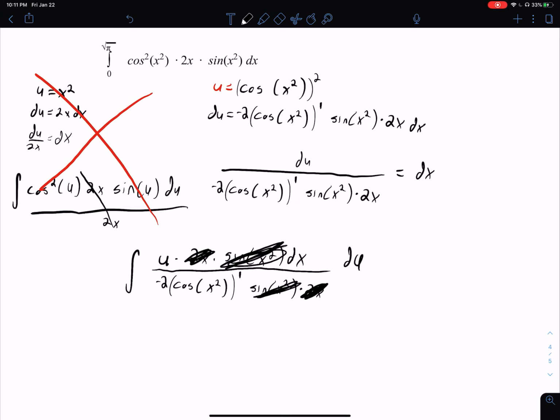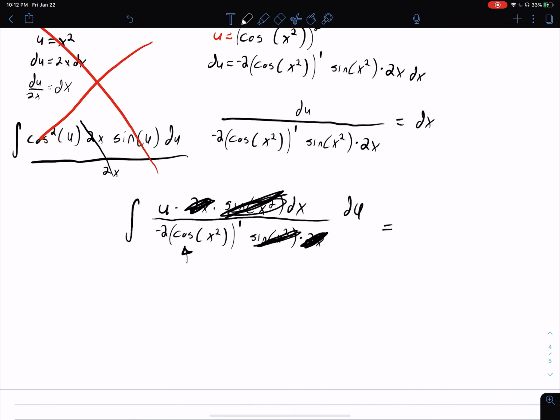We can pull that out if we wanted to. One thing that I noticed that might make this problem work, this is u. So this integral is equal to negative 1/2. I just pulled out this 1/2. U over u du, which is equal to negative 1/2 integral of du, 1 du.